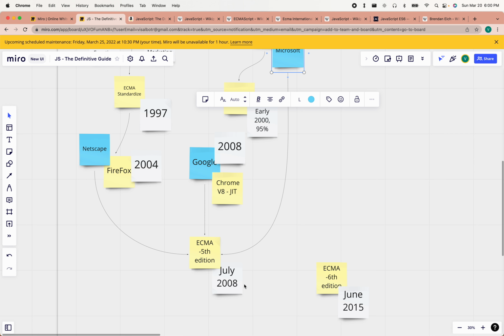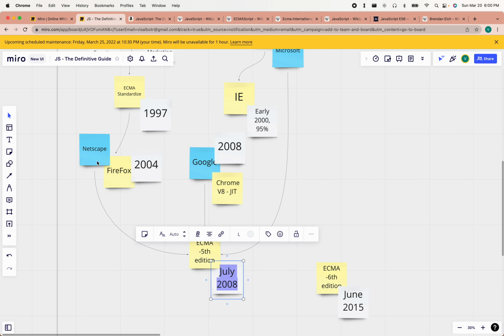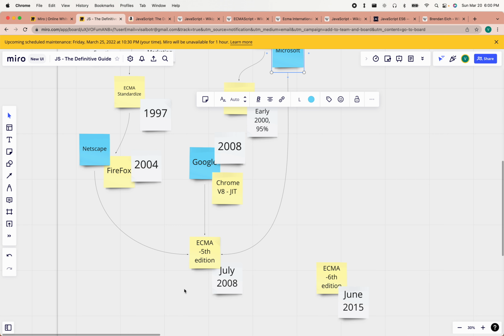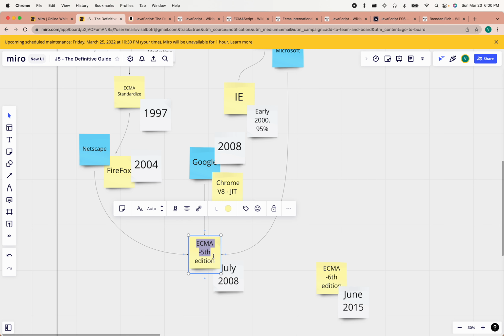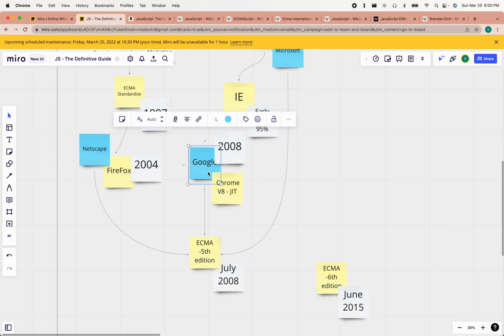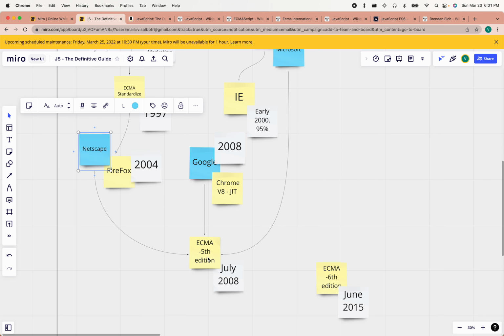So in July 2008, I think in Oslo, a city in Europe, these three companies decided to sit down and discuss the future of this language and agree on a new standard, ECMA 5 or ECMAScript 5th edition, that these three browsers would implement.